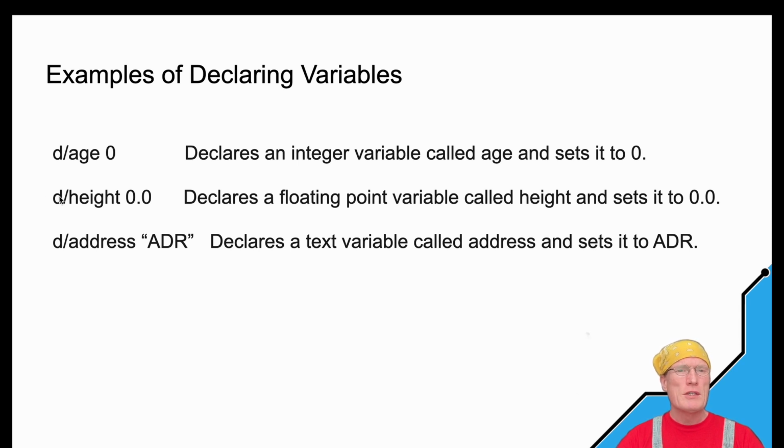Likewise, D slash height has 0.0, which is a floating point value, as in it has decimals after a decimal point. So we have a floating point variable called height, and we're setting its initial value to 0.0. Finally, a text variable, which we already know about: the variable's called address, and its initial value is set to ADR.